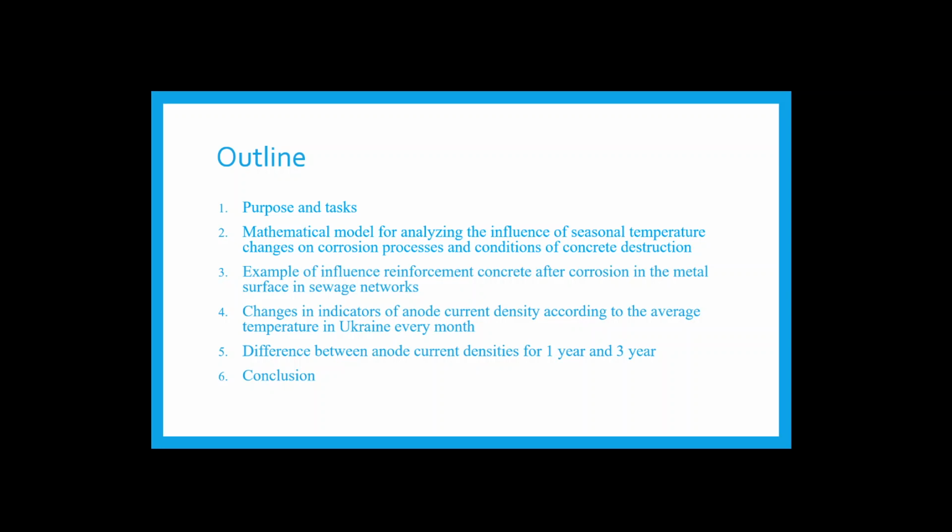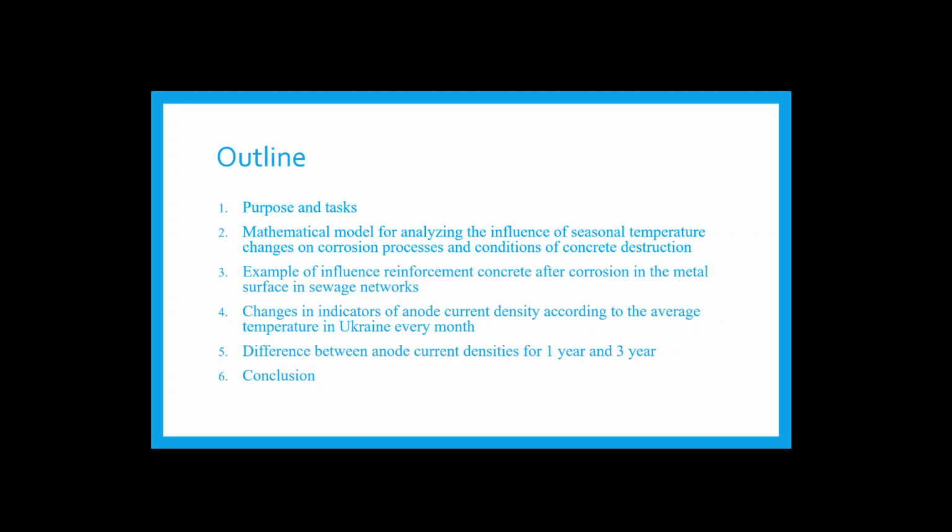Our outline contains six topics. The first one is purpose and tasks. After that, the mathematical model for analyzing the influence of seasonal temperature changes on the corrosion process and condition of concrete destruction.